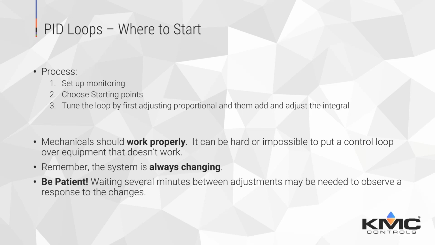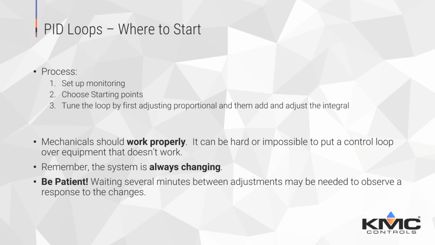And the most important thing as we're getting started is be patient. We would always recommend that you wait an appropriate amount of time between making adjustments, so that way you can observe the response and know what you're dealing with. Try to only change one thing at a time.